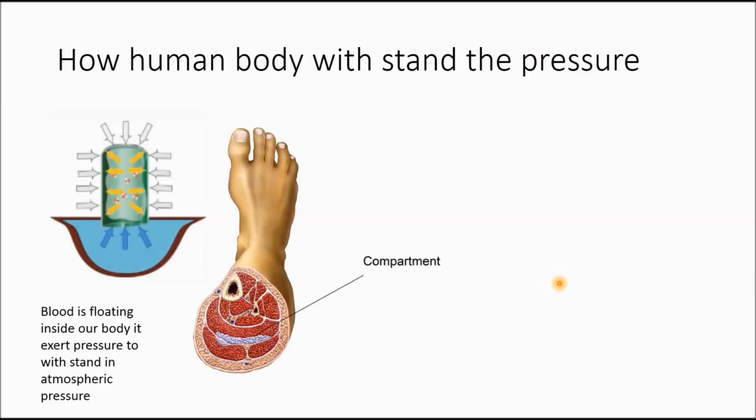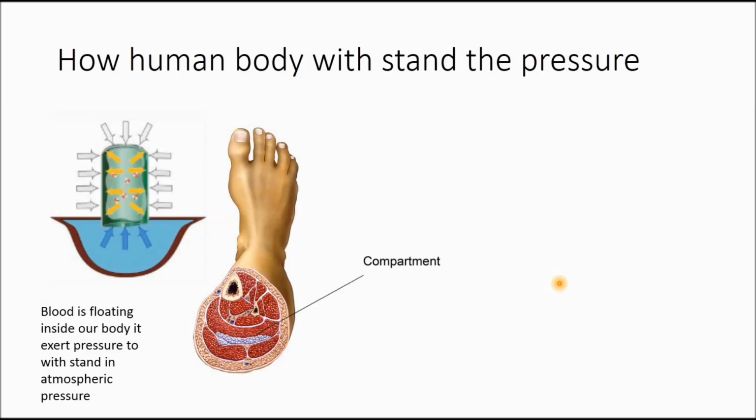So, the human body is also made of liquid. It contains blood. Blood flowing inside our veins exerts pressure on all sides of the skin in the same manner. Px is equal to Py is equal to Pz. The pressure distribution on the surface is the same because our body is, you could think, inside the liquid.